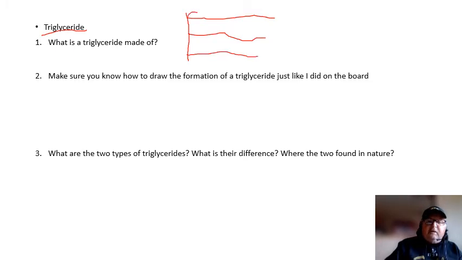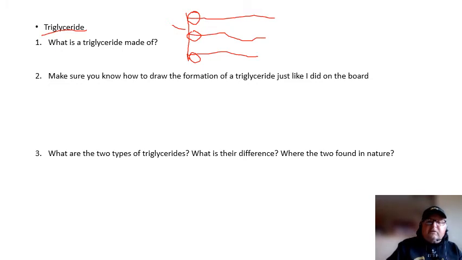These connections between the glycerol and the fatty acids are ester bonds. So a triglyceride is an ester made out of an alcohol, glycerol, and three carboxylic acids, which are fatty acids.